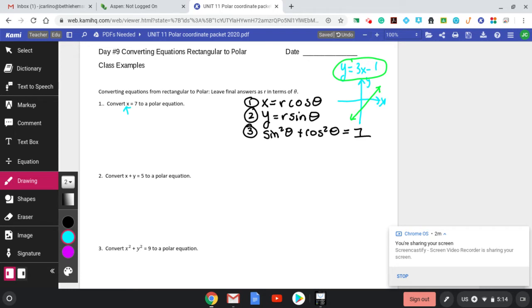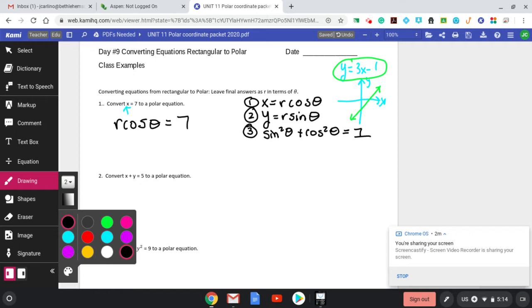I could substitute in r cosine theta, because remember, those are equal, so r cosine theta equals 7. How do I know when I've gone far enough? When you have r's and thetas and no more x's and y's. But believe it or not, we are not done. I've got to read the directions.